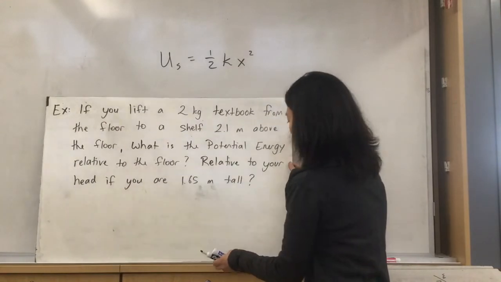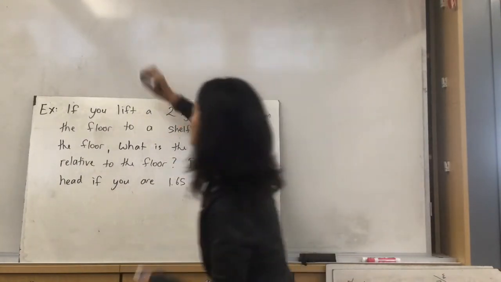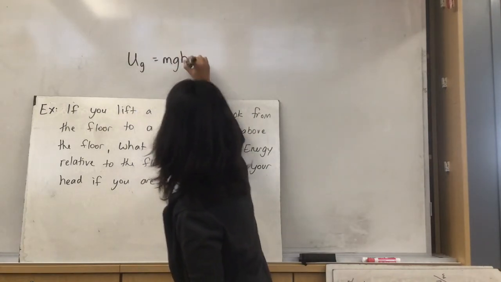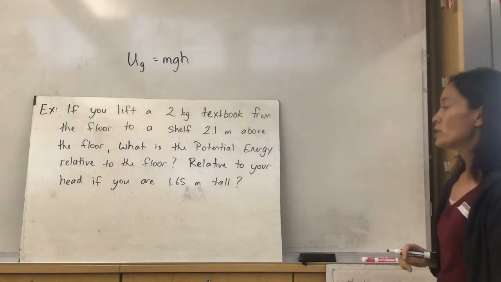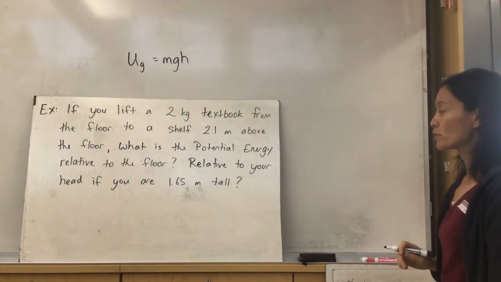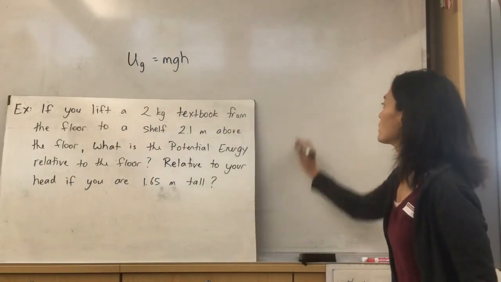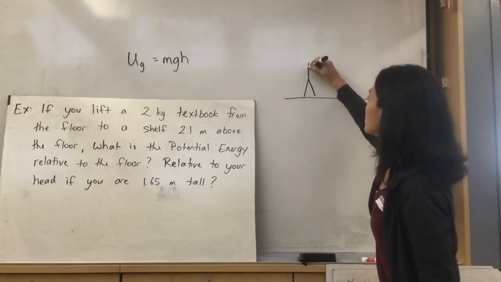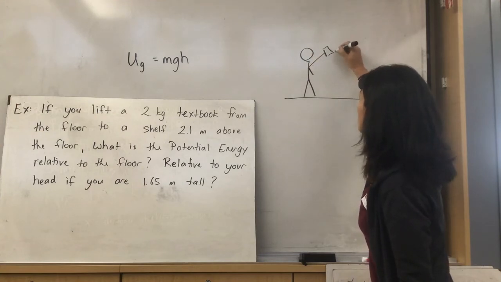And if you recall, our equation for gravitational potential energy, UG, is equal to mgh, h being the relative height of an object. So this one says, if you lift a 2 kilogram textbook from the floor to a shelf 2.1 meters above the floor, so here you are, awesome stick figure drawing with you and your huge arms.